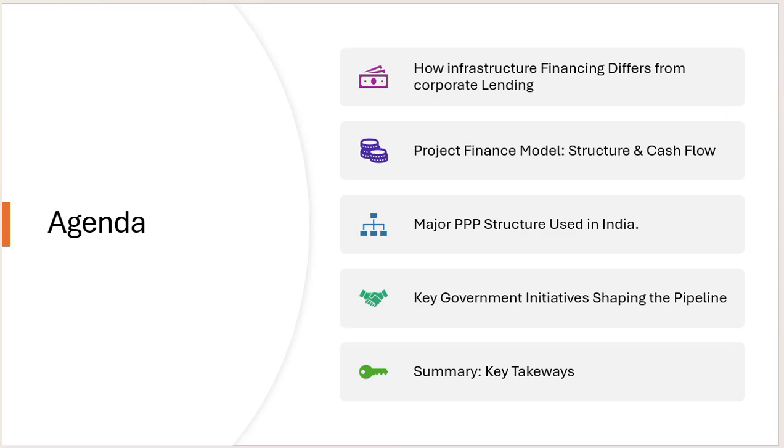So let's discuss the agenda for today's video. We are going to look at how infrastructure financing differs from corporate lending, and the key factors or aspects that differentiate between infrastructure financing and corporate lending. Then we are going to look at the project finance model, like the structural model or the cash flow model, which corporate lending and infrastructure financing follow, and how they differ from each other.